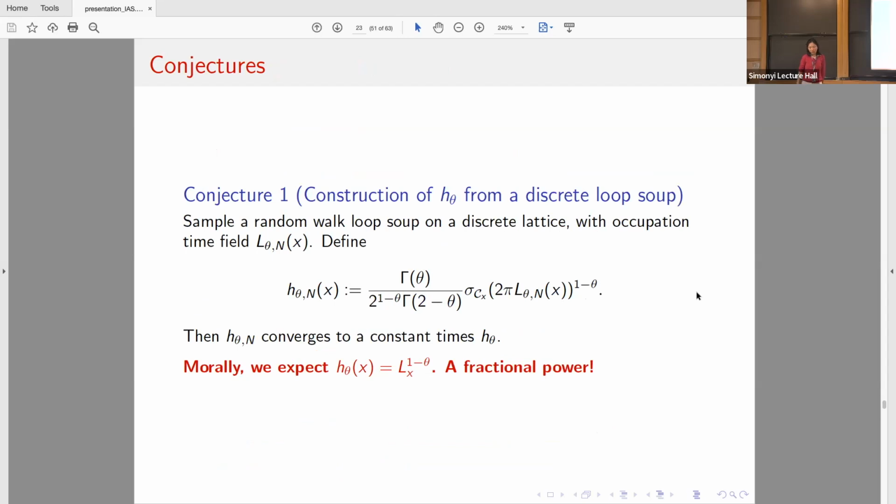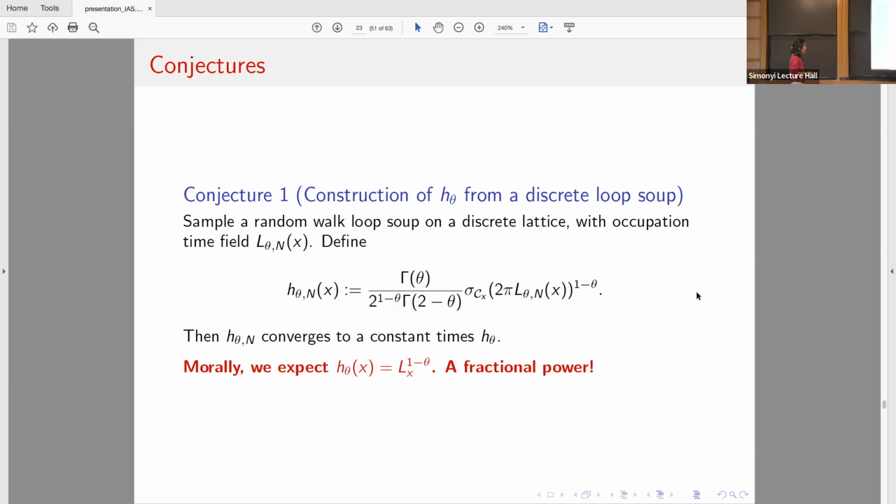Now I show you some conjectures about this field H theta, which will give you more intuition on why it is the correct field linked to the Brownian loop soup by isomorphism, and what this field is. Our first conjecture is that we can construct this H theta from a discrete loop soup. We first sample a random walk loop soup on a discrete lattice with some occupation time field.